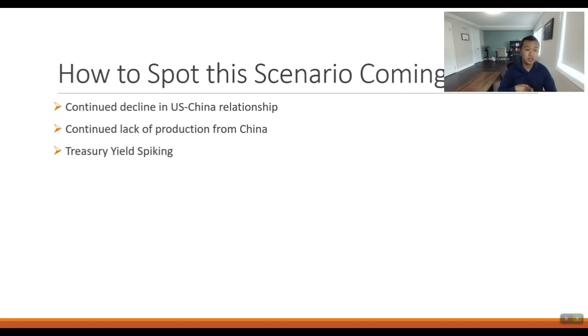In my opinion, how we spot this scenario is if we see a continued worsening relationship between China and the US. I would say, as far as the relationship goes, the countries are probably at the worst of the relationship. Ever since Kissinger and Nixon went to China in the 70s and started a relationship, I think the relationship was becoming better and better.